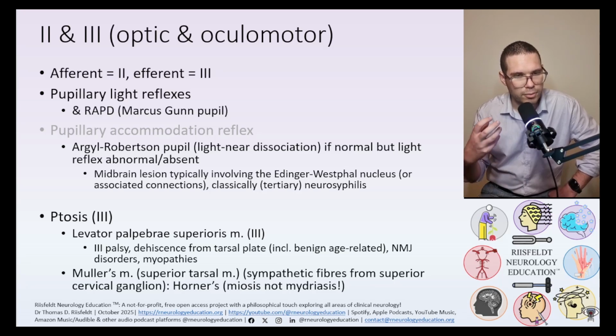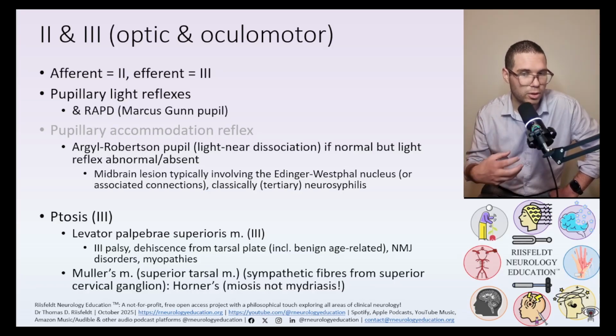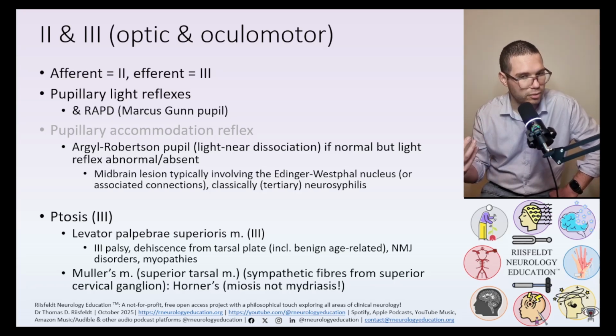The reasons that someone can have a ptosis owing to weakness of the levator palpebrae superioris muscle are a third nerve palsy, or dehiscence of the muscle from the tarsal plate, such as in benign age-related dehiscence, or from trauma or other forms of dehiscence, or in the context of neuromuscular junction disorders such as myasthenia gravis, or in a number of myopathies that have facial involvement.